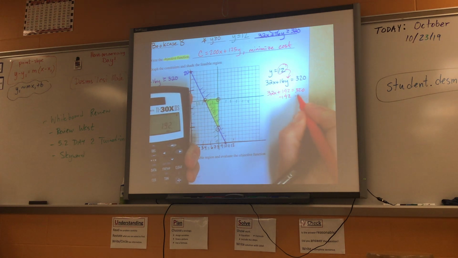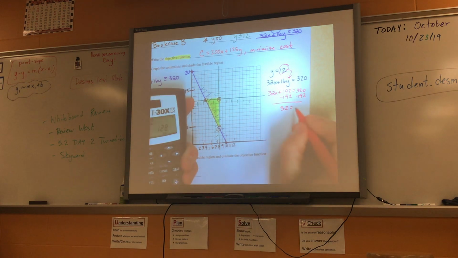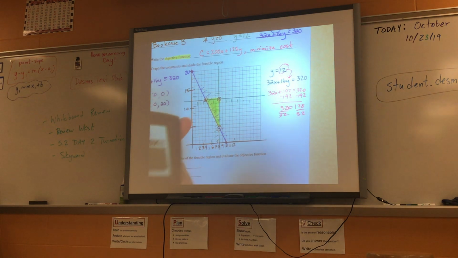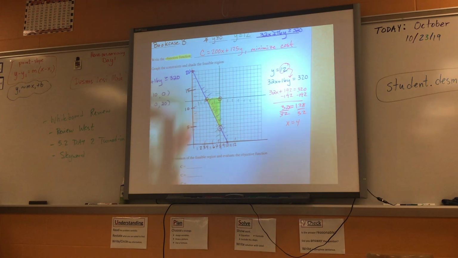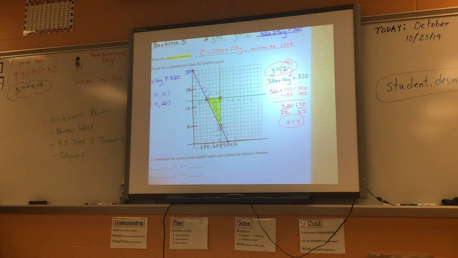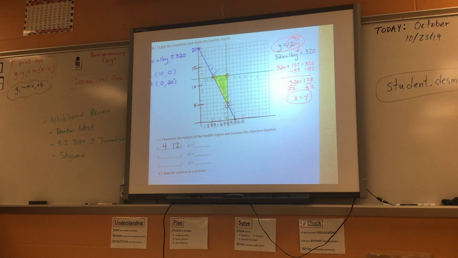Subtract 192, so 32x equals 128. Divide by 32, yep, x equals 4 right there. So I know that y is 12 and x is 4. That's one of the spots that it crosses at. So let's go down here and mark that. So we're at (4, 12), one of the key vertices.